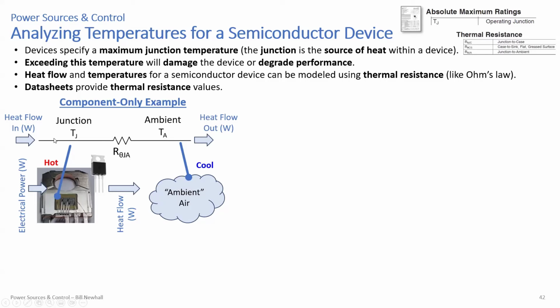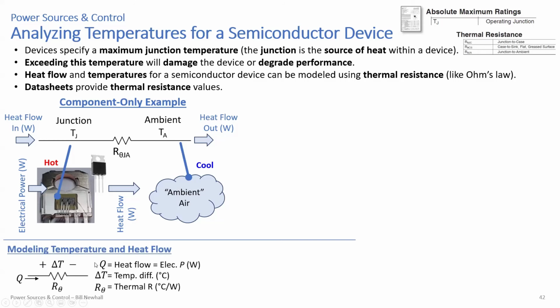The electrical power comes in and causes heat. There's some temperature, T sub J, the junction temperature. And then the ambient temperature needs to be cooler than the junction temperature if this cooling is doing what you want it to do. So that's how we're modeling heat flow using a resistance as well as the temperatures.